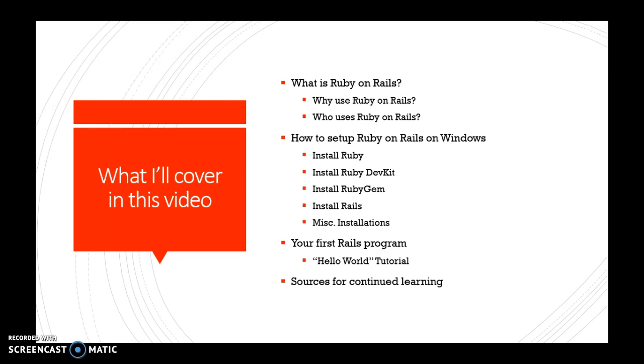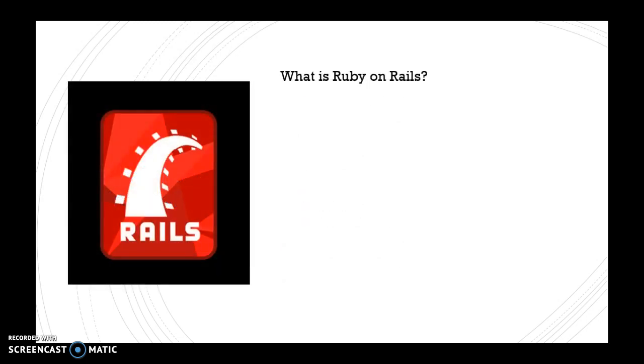Then I will be getting into how to set up Ruby on Rails on a Windows machine. We will do a static Hello World tutorial, just using our newly installed Rails framework, and then at the end we'll talk about the many resources that you can go to continue to learn about this framework. So first of all, what is Ruby on Rails?